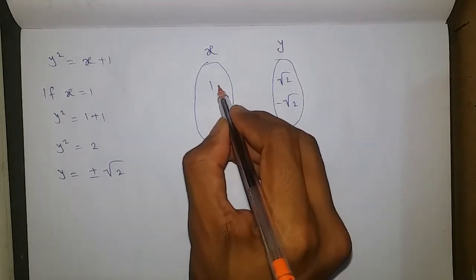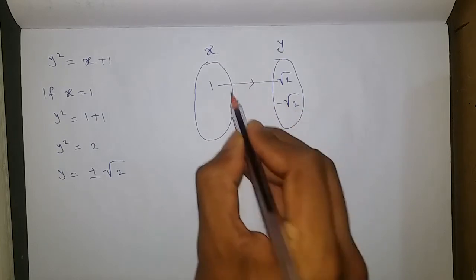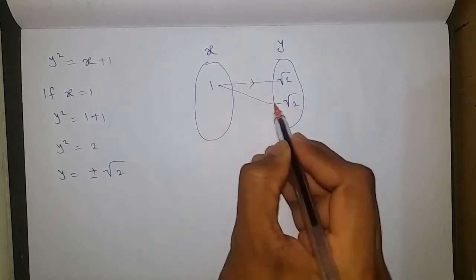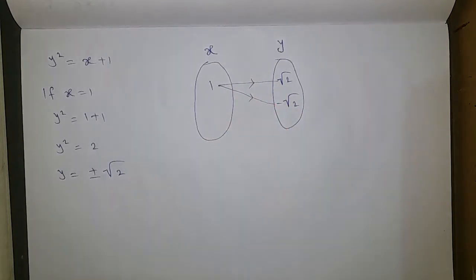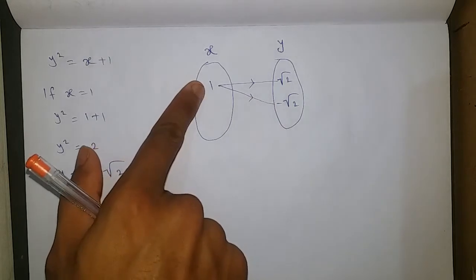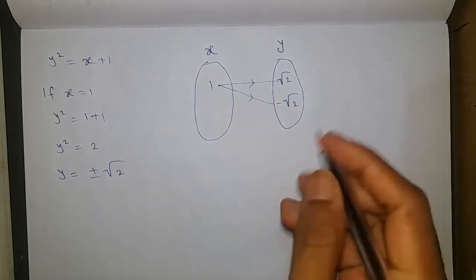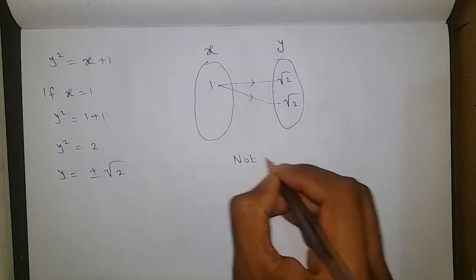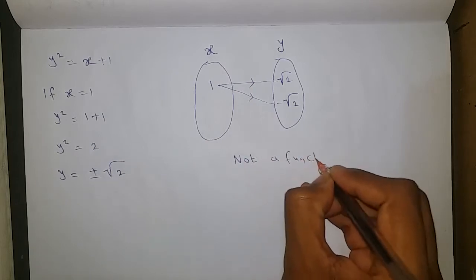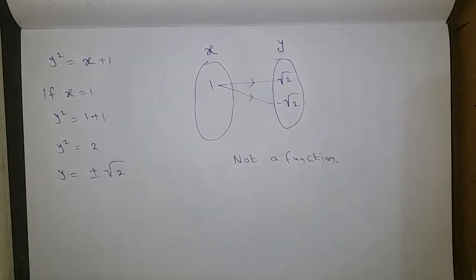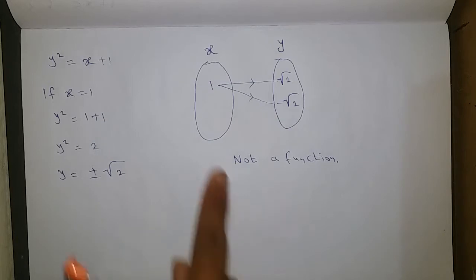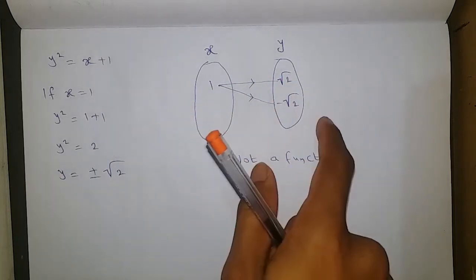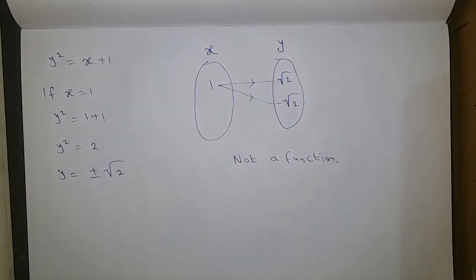So for 1, plus root 2 is an answer, as well as minus root 2. So one element has two images, so it is not a function. In this case, no need to check the second element also.